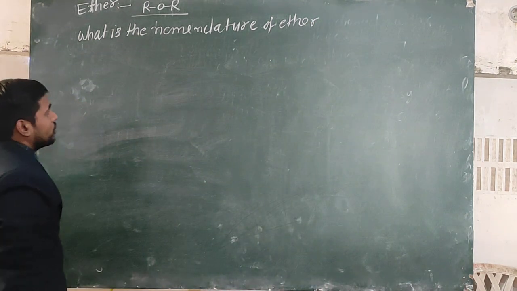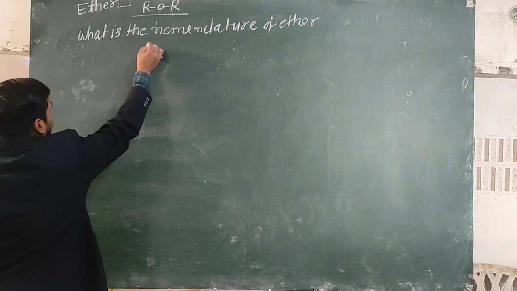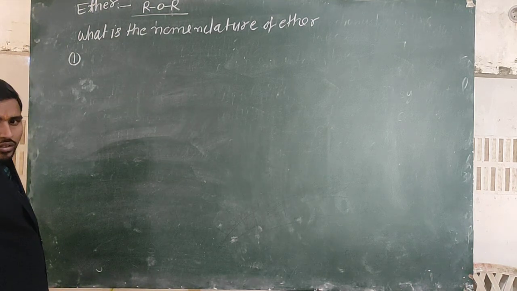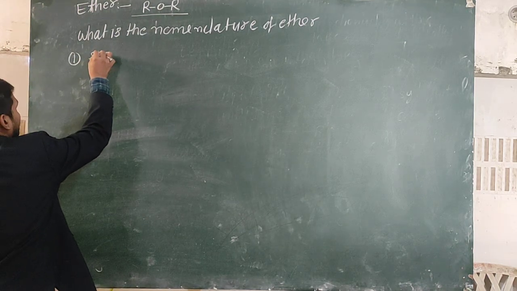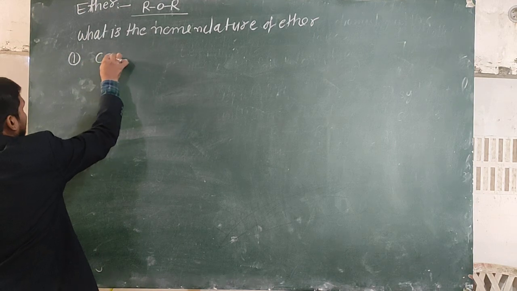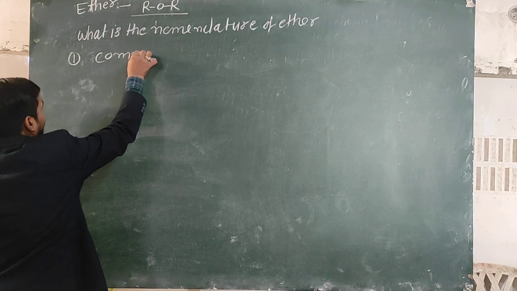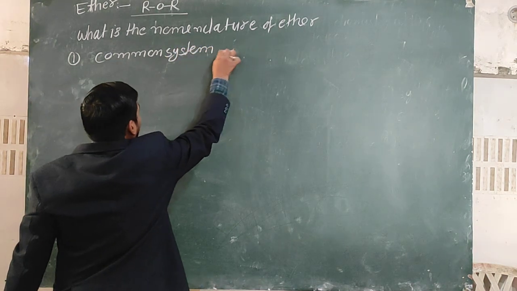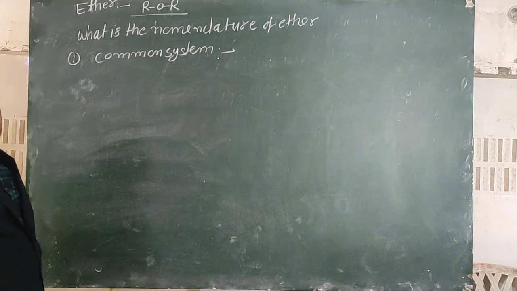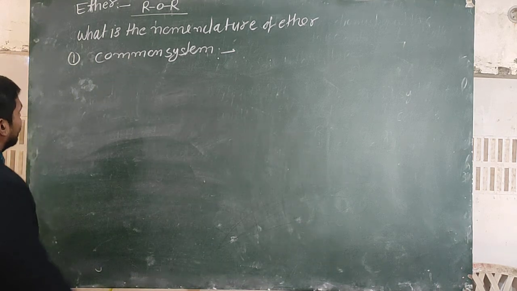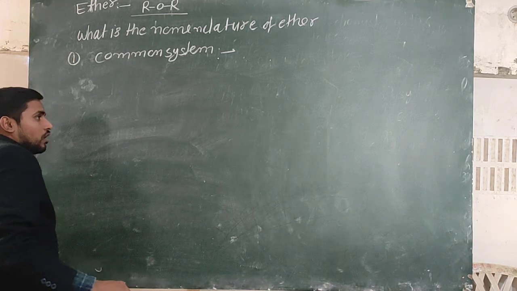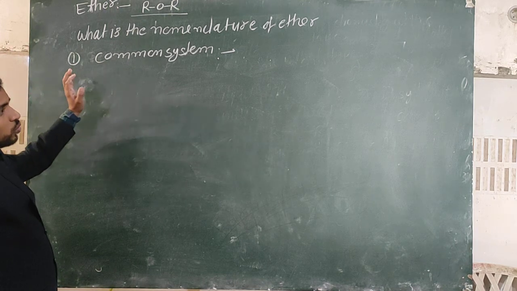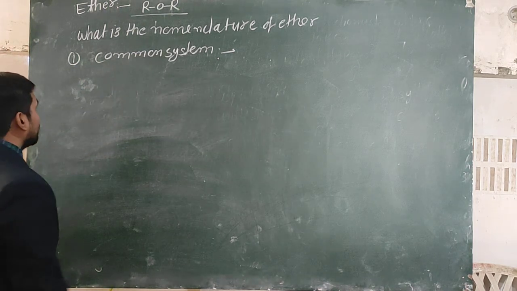Okay, the nomenclature of ether is also categorized into two categories. First is the common system of nomenclature. In this common system of nomenclature, according to symmetrical and unsymmetrical ether, we use two different ways for the nomenclature of ether.